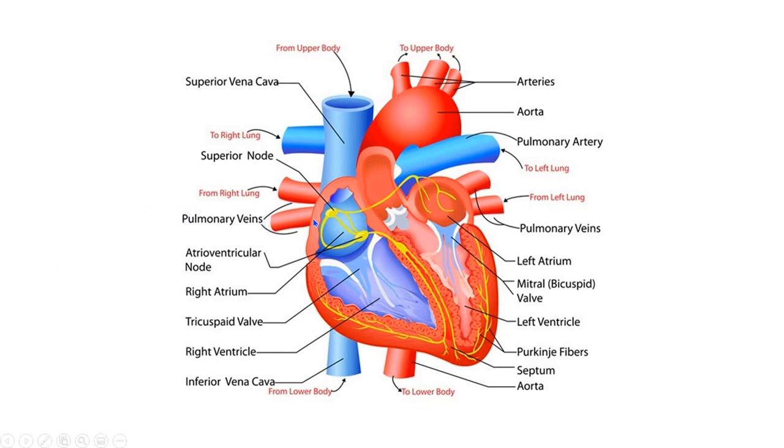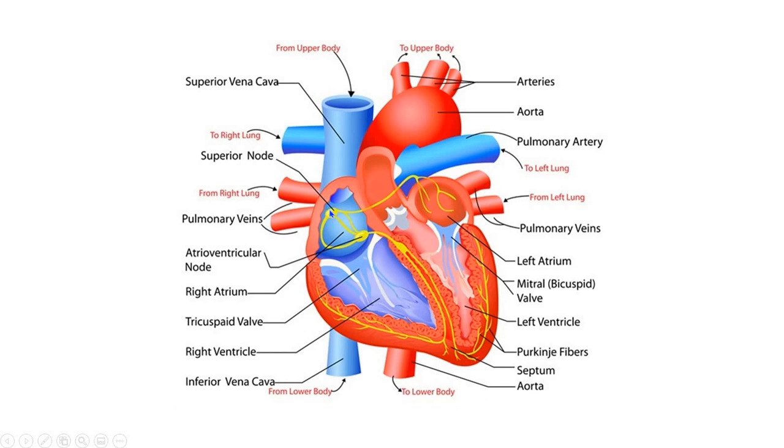Okay, now if you look at this picture, you should already know most of the structures. However, today we are going to talk about what you see that is in yellow. Okay, starting right here, this is referred to as the sinoatrial node.